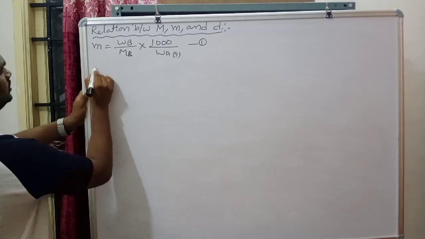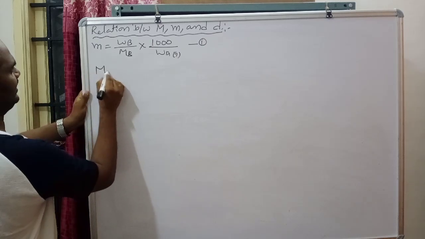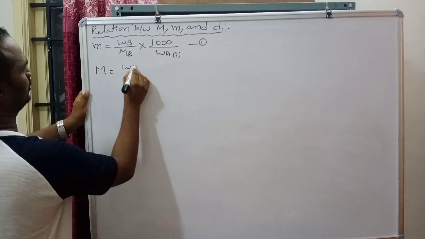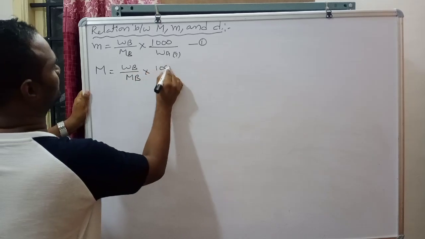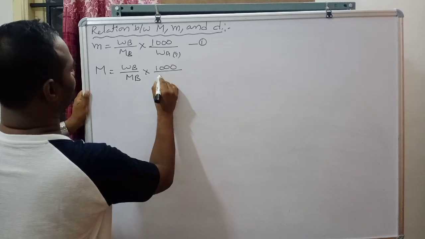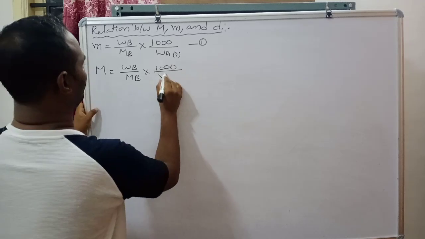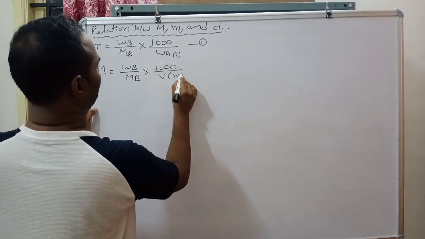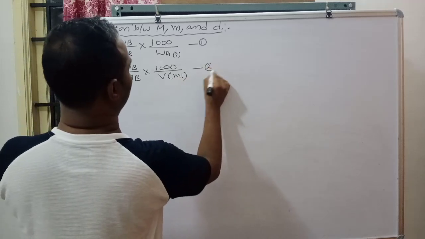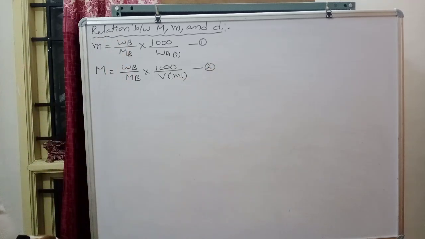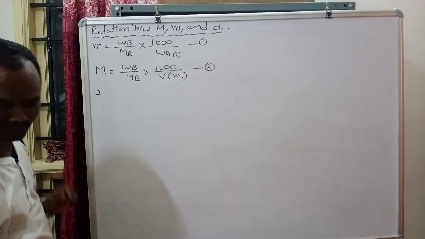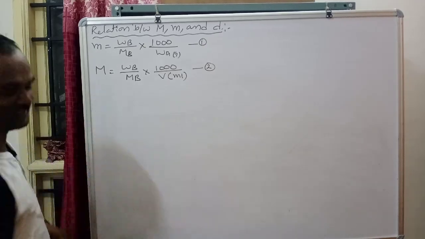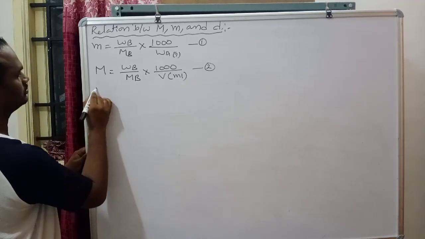Now molarity is WB by MB into 1000 by volume of solution in milliliters. This is equation 2. How do we take the ratio of molality to molarity?